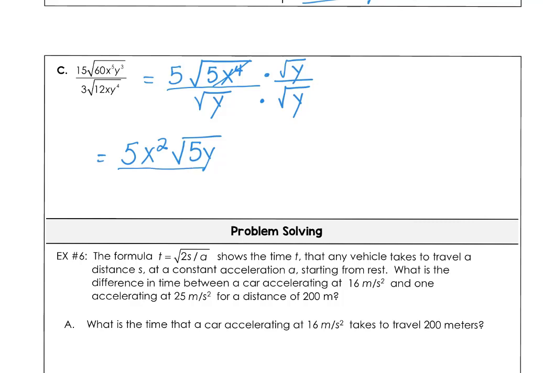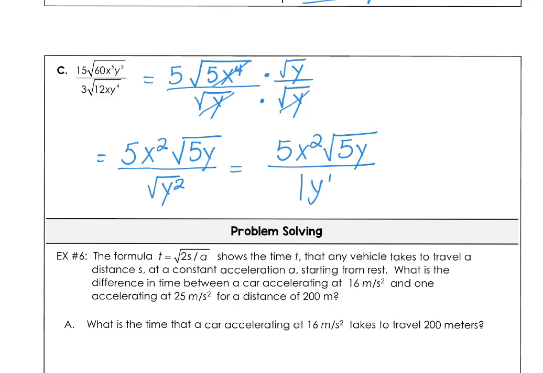And we got the square root of y squared on the bottom when we combine these two terms. So the square root of y squared would give us just a y in the denominator. And it's a square root, so we need absolute value of y to force that principal square root. And we got that done.